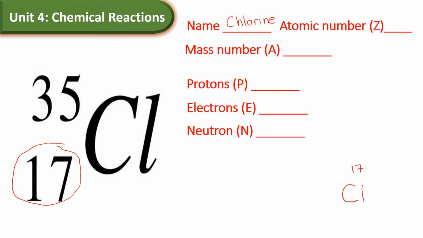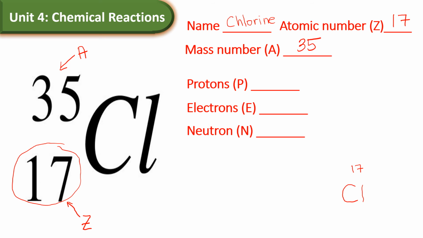And how about its atomic number? It is 17. So remember in your nuclear notation, this one is represented as your Z. How about your mass number? It is represented as your letter A, so it is the mass number of 35 here.